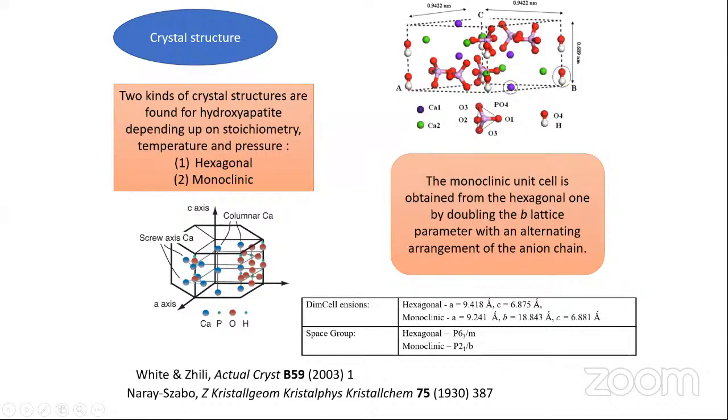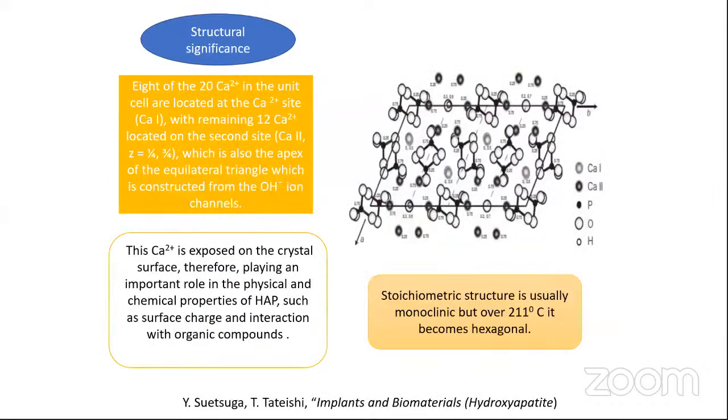Now we come to the structural significance, because the crystal structure and the unit cell packing are very important for many properties. Eight out of 20 calcium in the unit cell are located at the calcium 1 site, and the remaining 12 calcium are located at calcium 2 sites, which are also the apex of the equilateral triangle connected to form the OH ion channel.